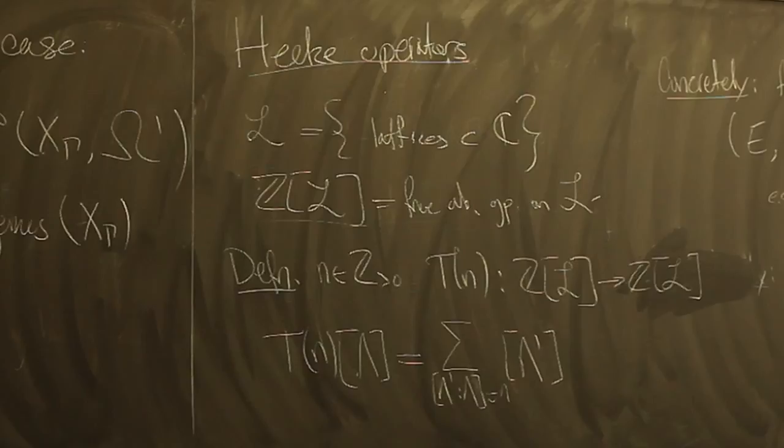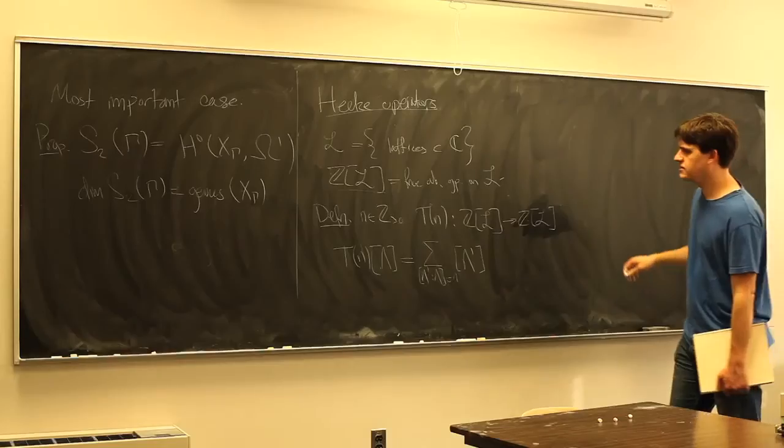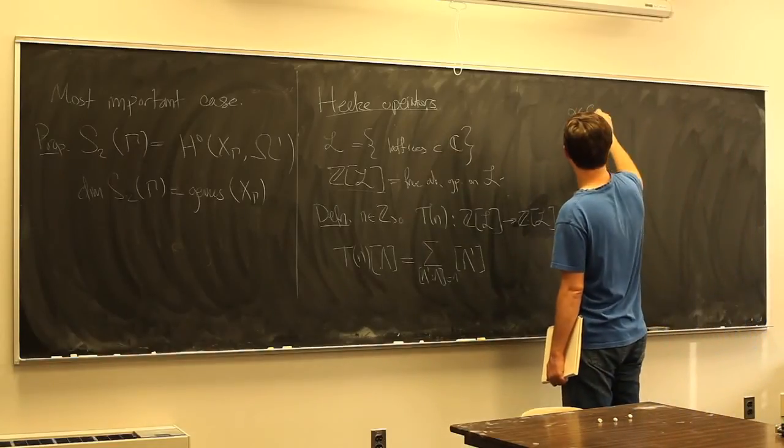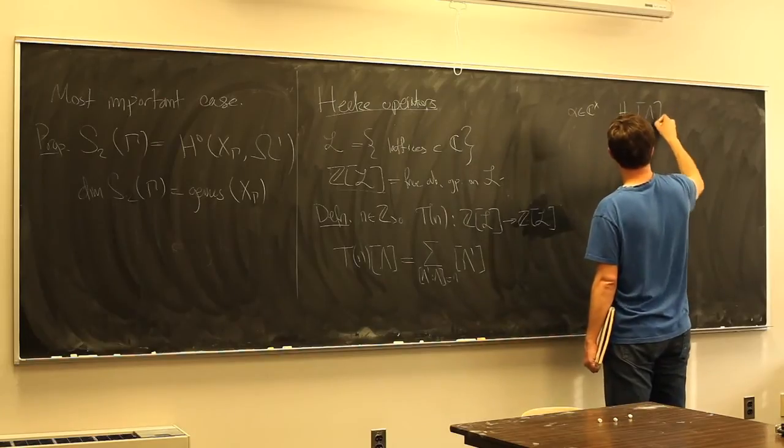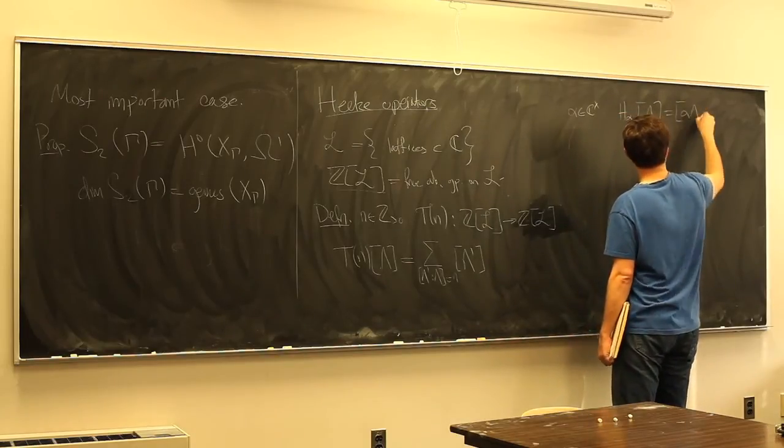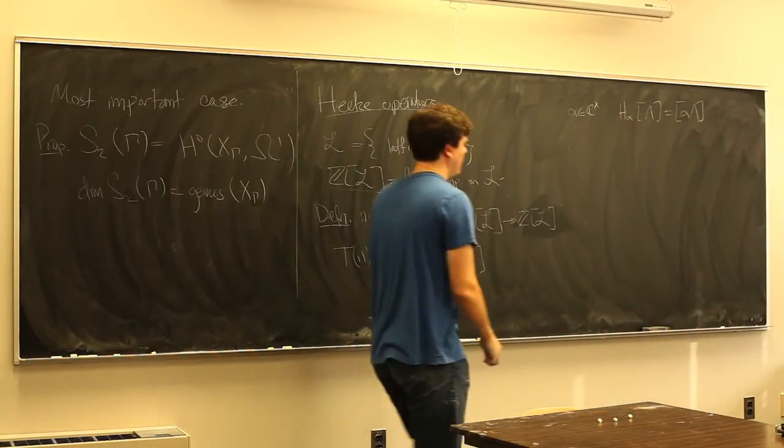A related operator is going to be useful, but it's very easy. For an element alpha in C star, I'll define the homothetic operator H alpha, which takes lambda to the homothetic lattice.